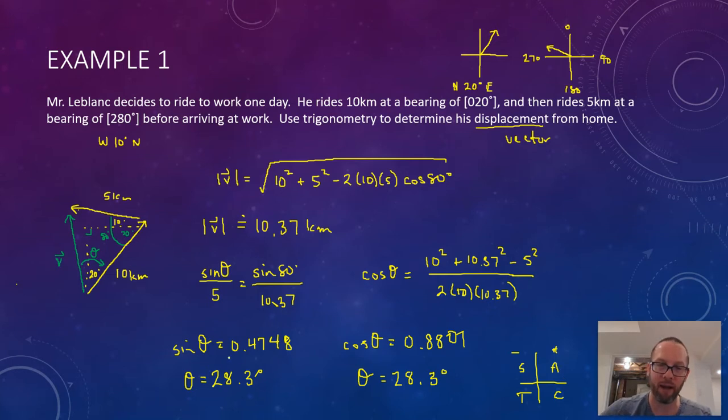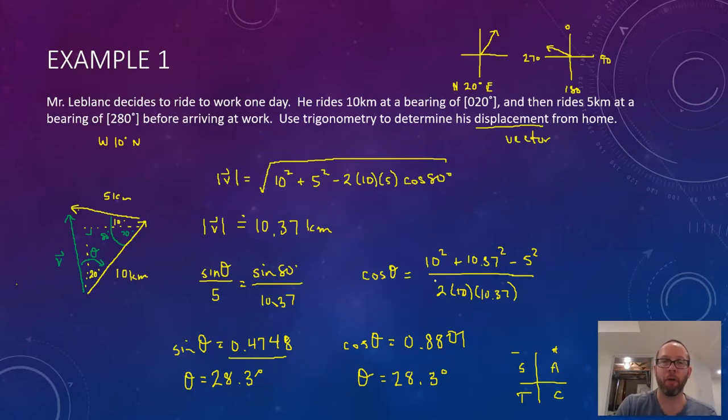So if you get a positive value for sine, ultimately you don't know whether your angle is acute in the all quadrant or obtuse in the sine quadrant. We're relatively sure it's acute, but if you weren't sure, you'd have to use the cosine law to make sure that you get the right angle. But yeah, we get 28.3 degrees either way. Just be careful of the ambiguous case with the sine law.